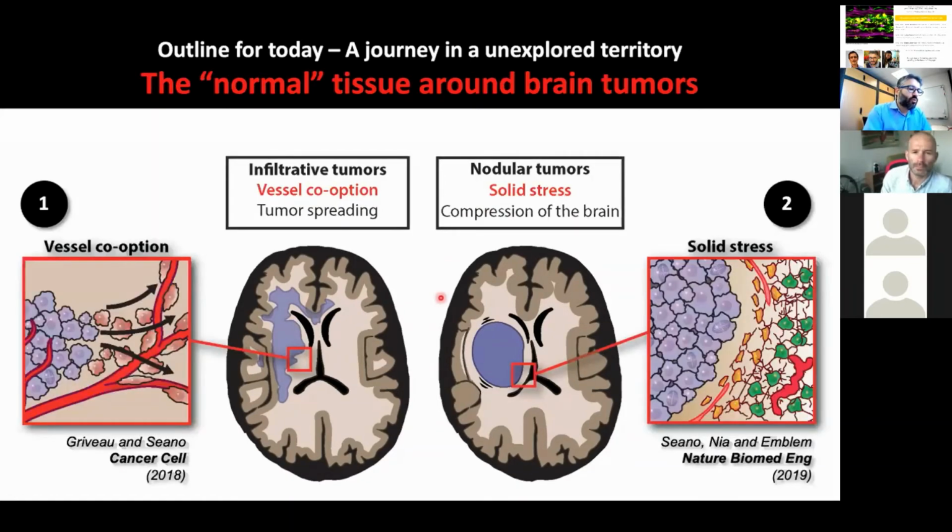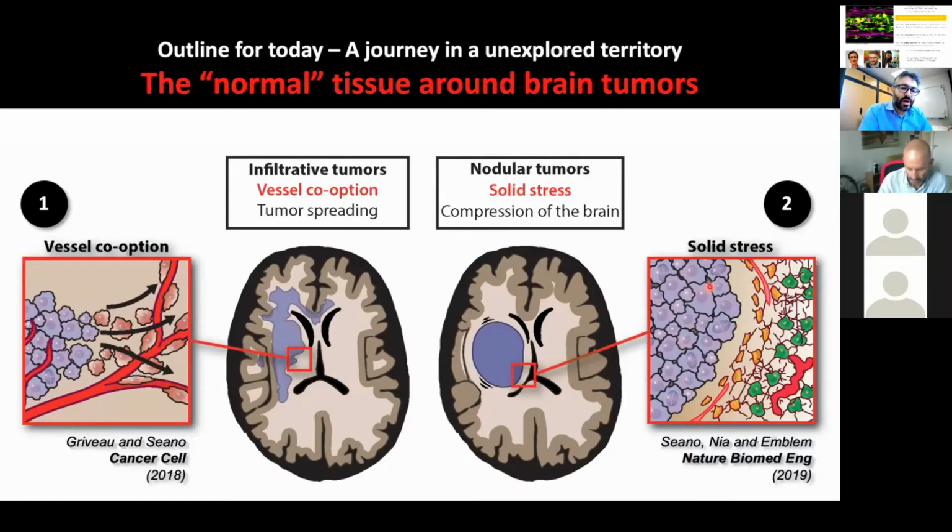Today I will show you one story about infiltrative tumors, specifically glioblastoma, showing how tumor cells jump from one vessel to another to spread in the surrounding tissue. The second story is more focused on nodular tumors, both glioblastoma and metastasis.